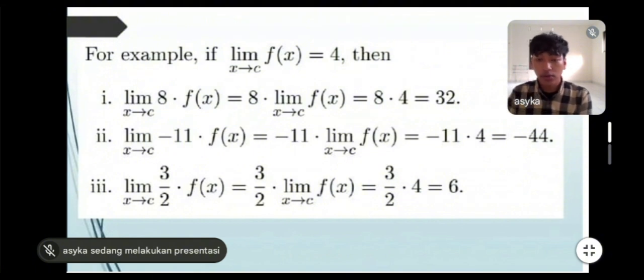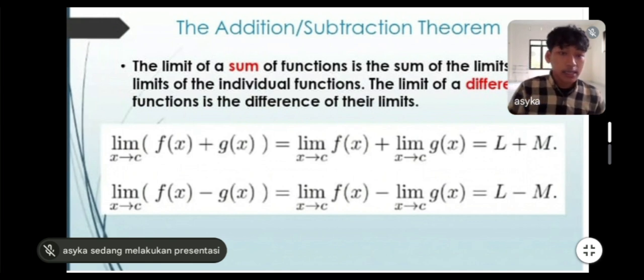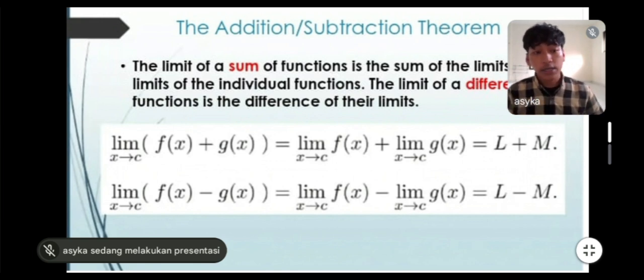So we get 6. The addition or subtraction theorem. The limit of a sum of functions is the sum of the limits of the individual functions. The limit of a difference of functions is the difference of their limits.